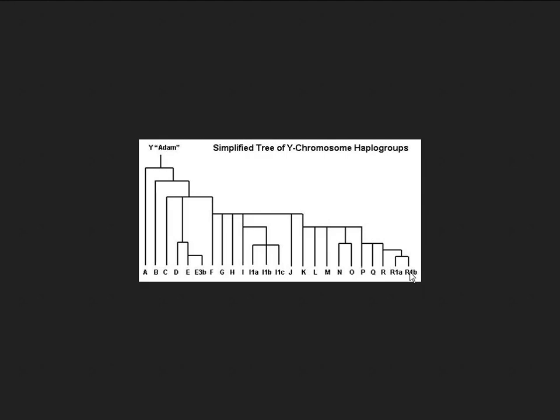They only went up to the letter R. Now there are hundreds of thousands of these mutations on the tree of mankind. Most Irish men are over in this very extreme right-hand branch, the R1b haplogroup. About 80 to 90% of Irish men are over here, and you can assign continents, roughly speaking, to each of the other letters as well.